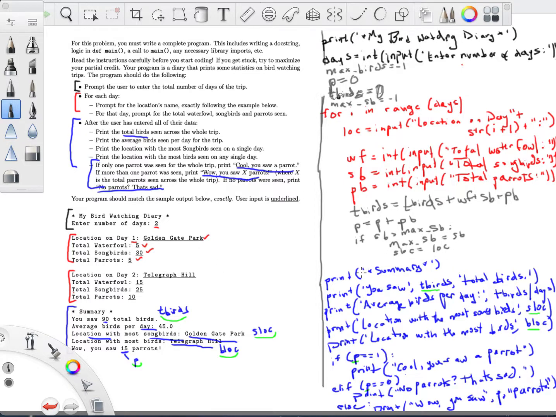And similarly, here's where I've kind of run out of space altogether. So I'm just going to write it off to the side and say here's where I need that other logic that says, if max birds is, well, I'll write it the same way I wrote the other one.